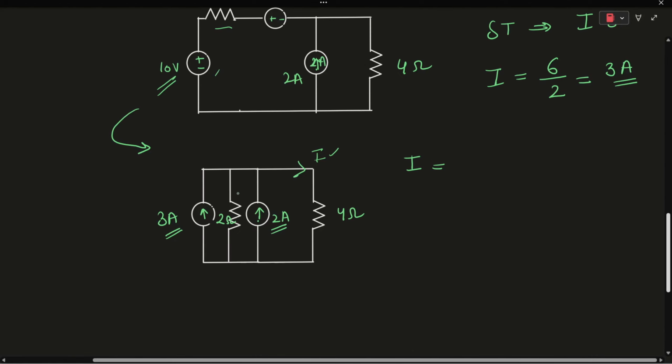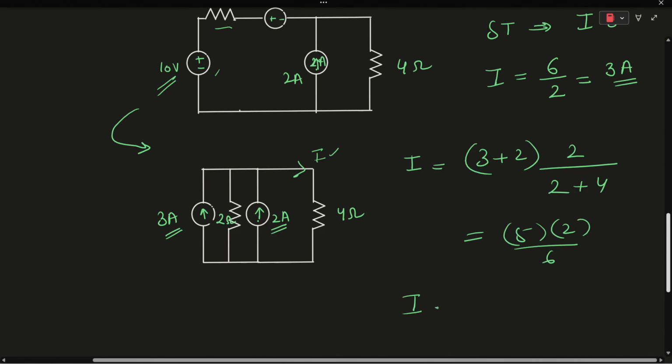So the total current will be 3 plus 2, which is 5 amperes, into 2 upon 2 plus 4. So this will be equal to 5 into 2 upon 6. So I will be equal to 1.67 amperes. The current flowing through the 4 ohm resistor will be equal to 1.67 amperes.